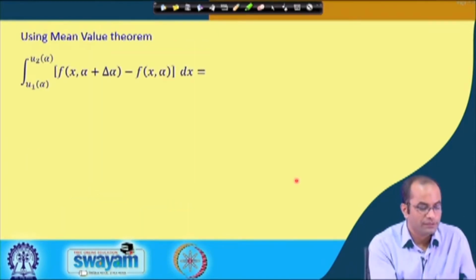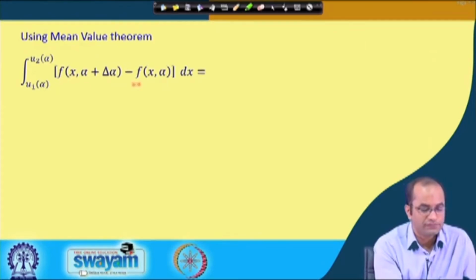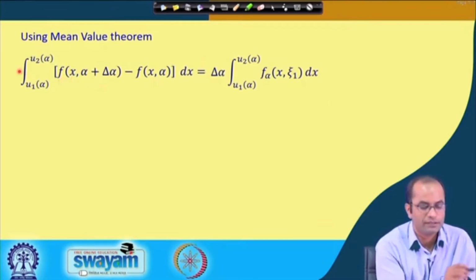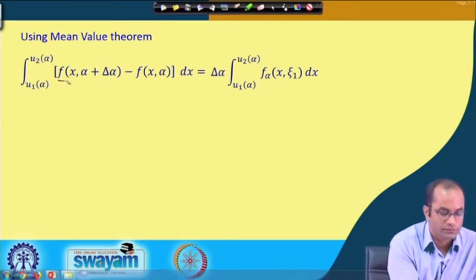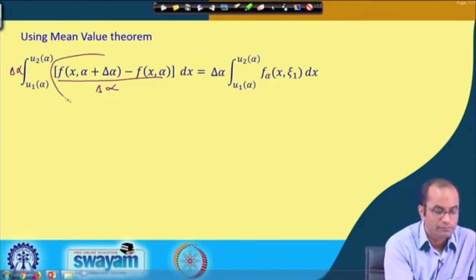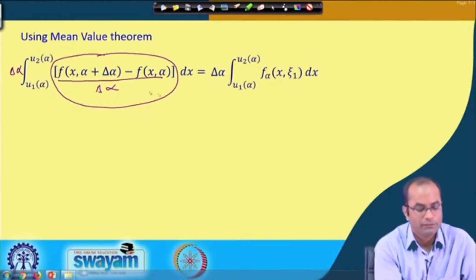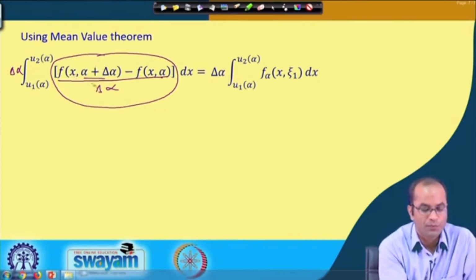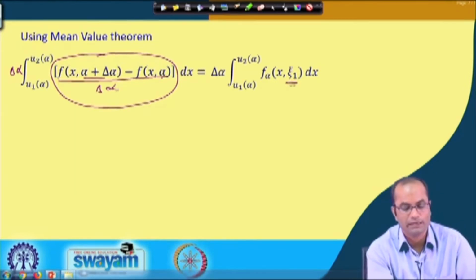So, using the mean value theorem for the first integral, we divide by delta alpha and multiply by delta alpha. So, by the Lagrange mean value theorem this will be the derivative with respect to alpha, because the increment is in alpha, of f x at some point xi, which we are calling xi 1.